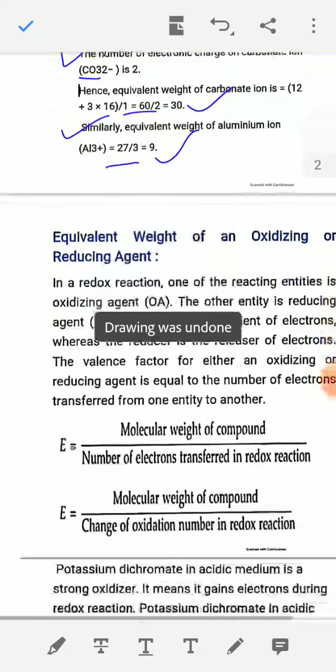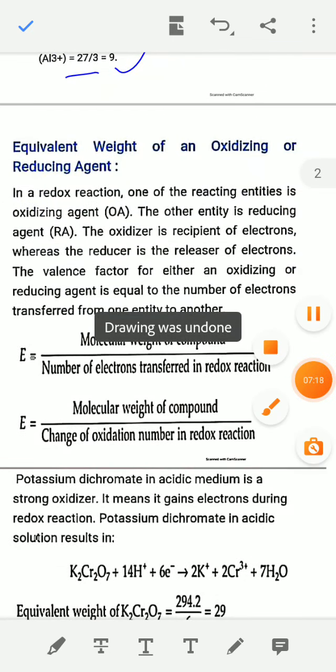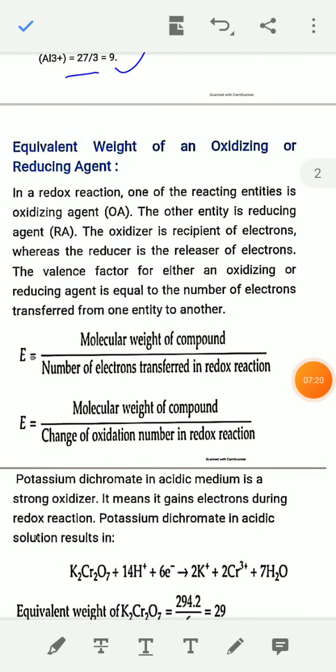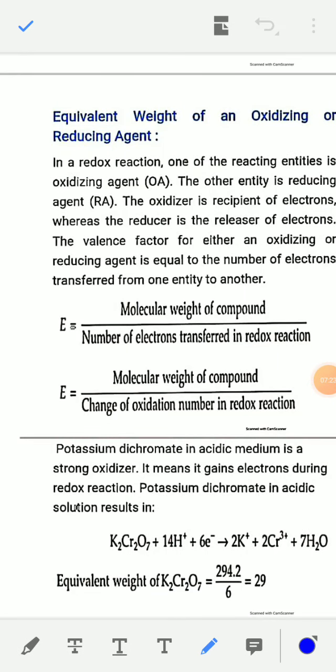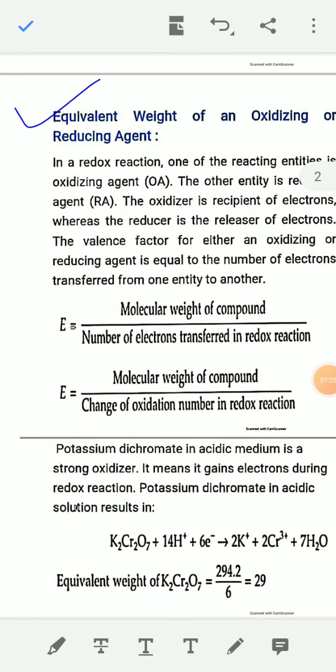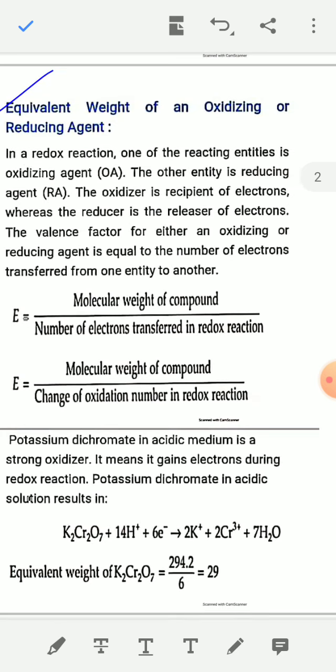Now see the equivalent weight of oxidizing and reducing agents. In a redox reaction, one of the reacting entities is the oxidizing agent and the other is the reducing agent.